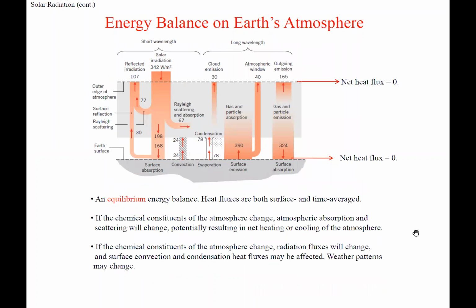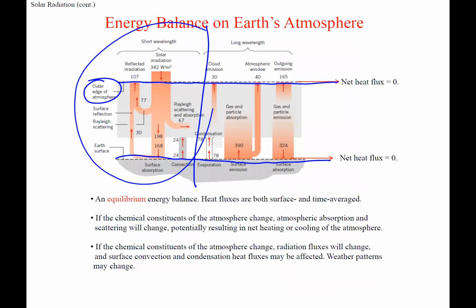And we can also look at an energy balance. So this is at the outer edge of the Earth's atmosphere, and then at the Earth's surface. And here we see short wavelengths. So this is what's coming in from solar. So what's coming in and how it gets reflected, gets sent back, what makes it to the Earth's surface, what gets scattered and absorbed, right?